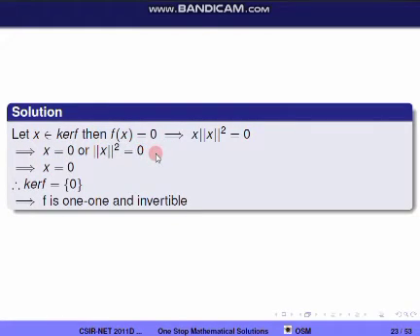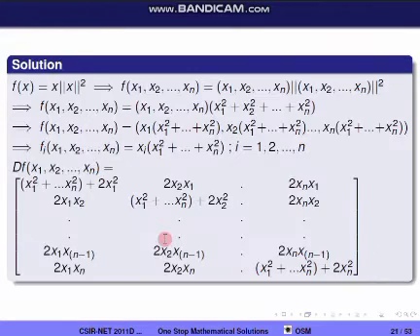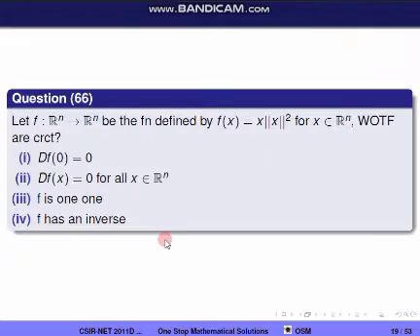So we know norm x equal to 0 if and only if x is equal to 0. So these two conditions imply x is equal to 0. Therefore, the kernel of f is equal to singleton 0, which implies f is 1-1 and invertible. So now we will check the correct options. So the correct options are 1, 3 and 4.